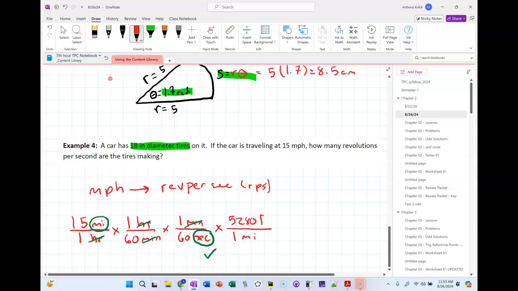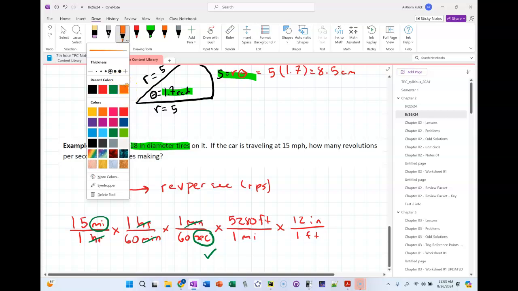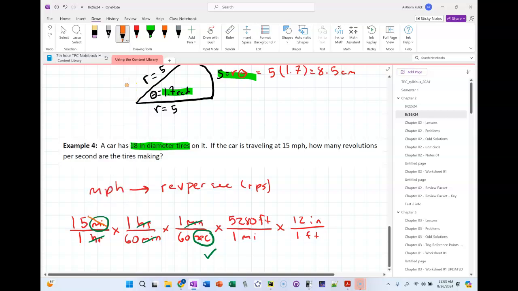Now, I wouldn't expect you to remember that. And then how many inches are in a foot? 12. I would expect you to remember that. So if we look now, miles and miles have canceled, feet and feet, and we're left with inches per second.